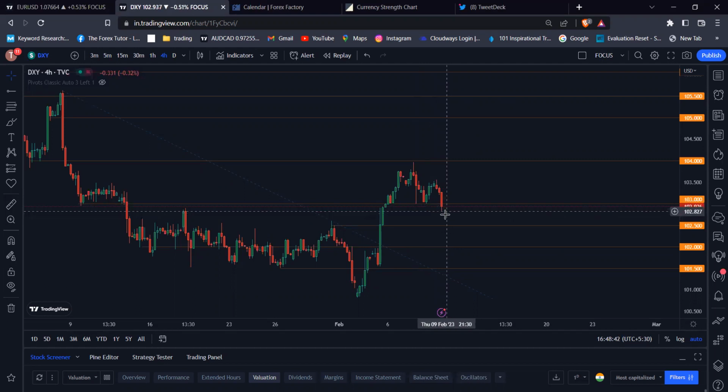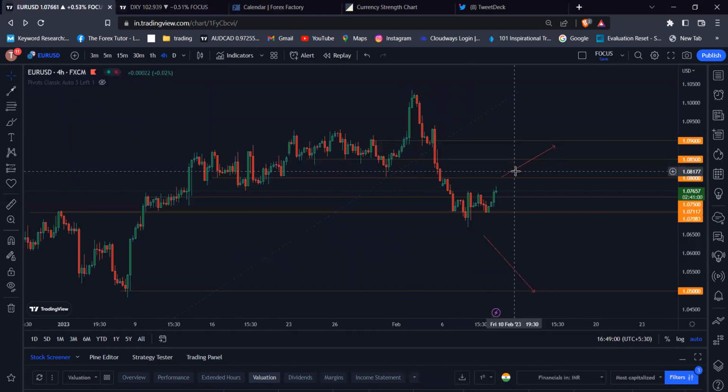If you look at the dollar index right now, the dollar index retested this level. If it fails, then the bearish momentum can continue and the dollar index can fall below the 102.500 psychological number. If this happens, the Euro USD moves upwards and we see some bullishness in the Euro USD.